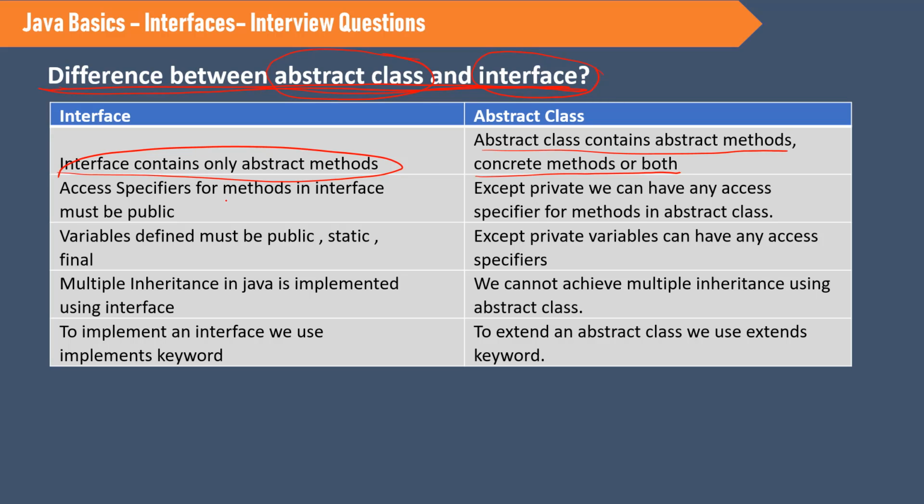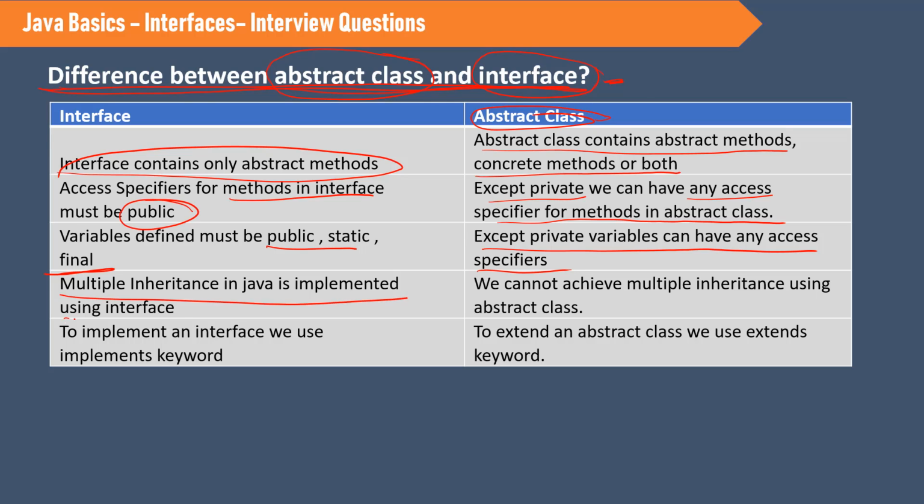Access specifiers for methods in an interface must be public, whereas in an abstract class, except private, we can have any access specifier for methods. The variables that we use in an interface are by default public, static and final. But in an abstract class, except private, variables can have any specifiers.